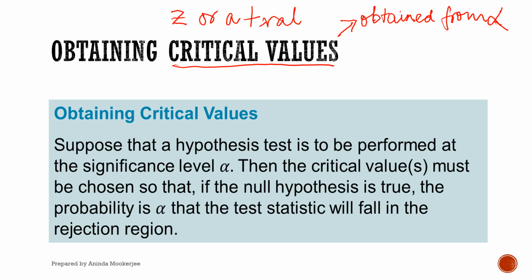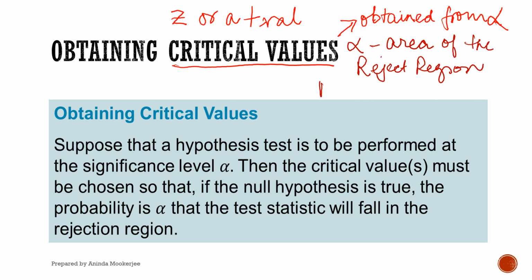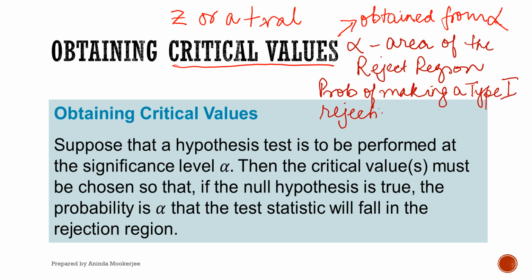Alpha is the area of the reject region. It also implies the probability of making a type 1 error. And what is a type 1 error? It means rejecting a true null hypothesis.